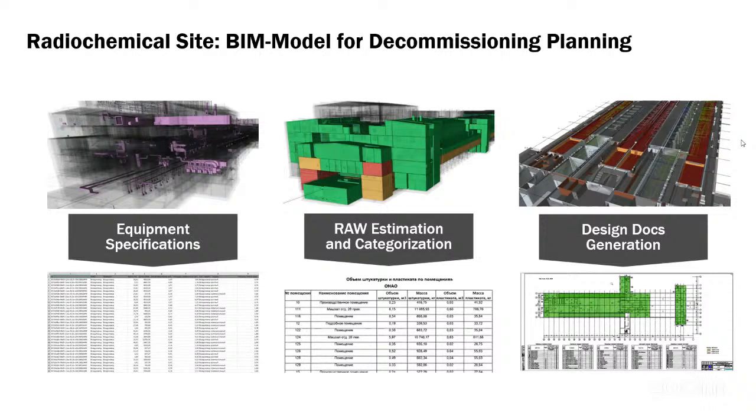And we reconstructed the design documentation. So now, after applying these BIM instruments, we obtain the full set of design documentation. That was a great advantage, because the initial design documentation was old and not up to date in most cases.